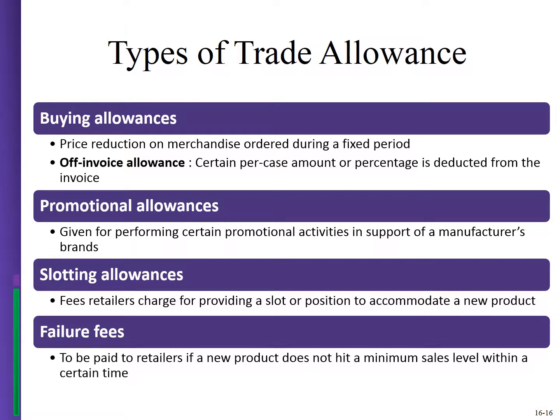Now, there are different types of trade allowances. So you have buying allowances, which I mentioned before, which is a price reduction on merchandise ordered during a fixed period. So again, hey, if you order 10 cases of Tide, I'll give you $10 off for each case that you order. Then there are promotional allowances, given for performing certain promotional activities in support of a manufacturer's brands.